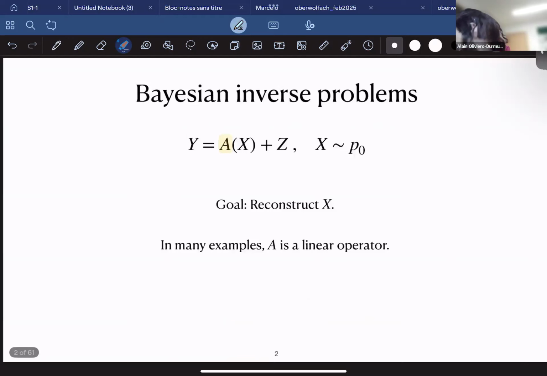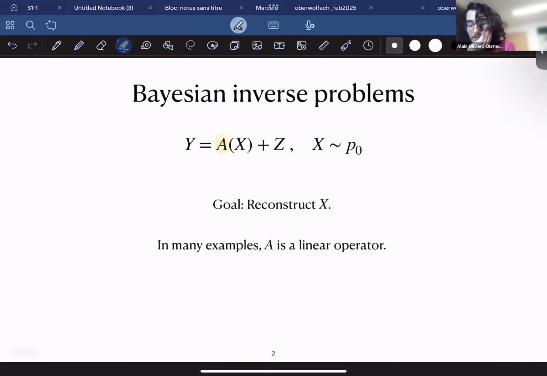So what is the problem I'm interested in for this first part of the talk? Here I want to solve a Bayesian inverse problem. What is this type of problem? I have some observation, which I denote by y.